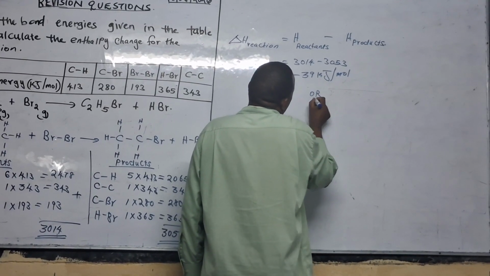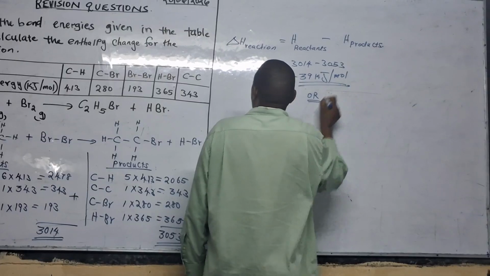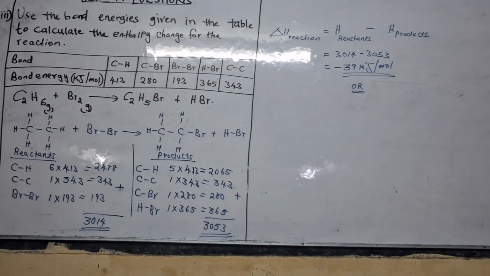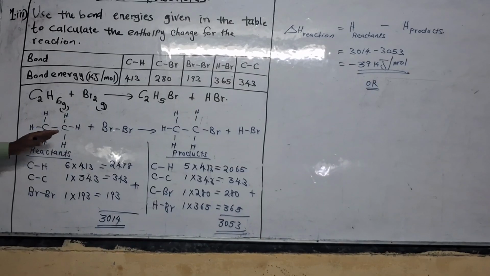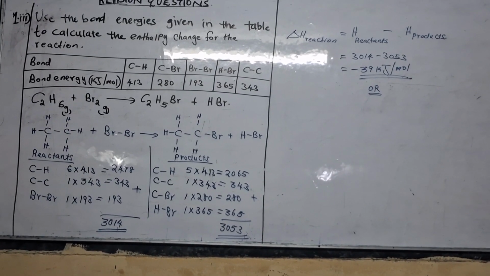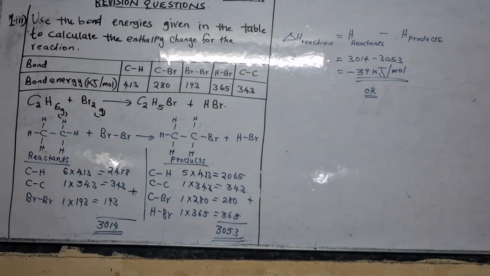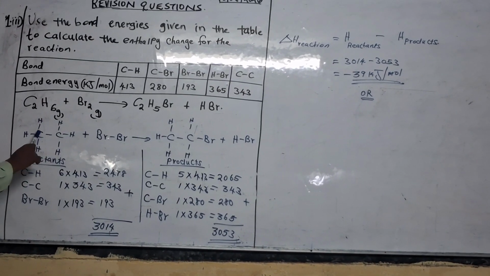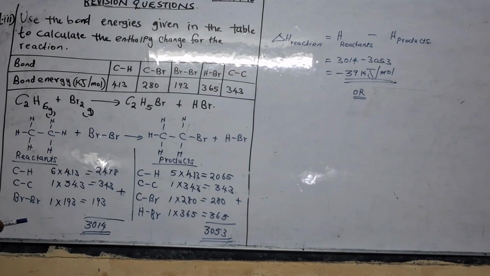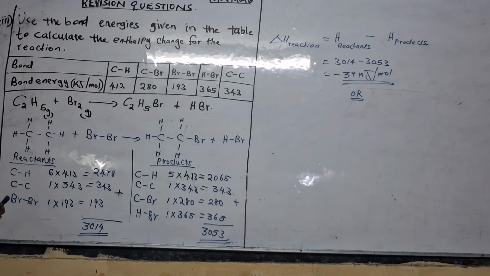Alternatively, we can do it in another way. We just look at these molecules keenly on the reactant and the product side, and we identify the side which has undergone a change. So here we have a carbon-hydrogen bond, here we have a carbon-hydrogen bond. Is there any change? No change.